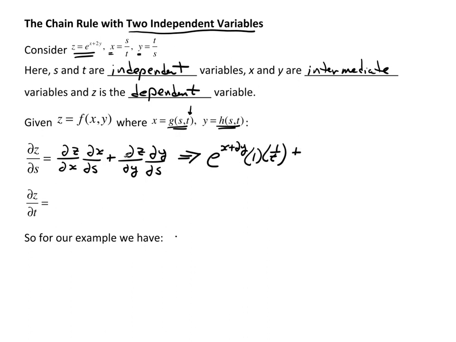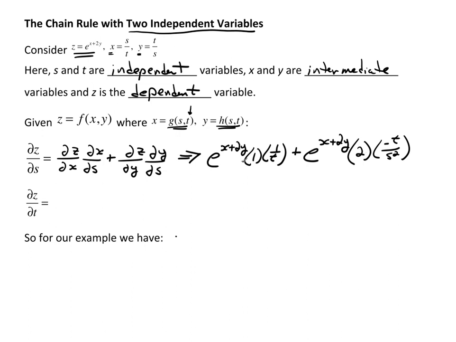Plus the partial of z with respect to y, which is going to be e raised to the x plus 2y, times the derivative of this with respect to y, which is going to be 2, times the derivative of y with respect to s. So this is going to be equal to negative t over s squared.